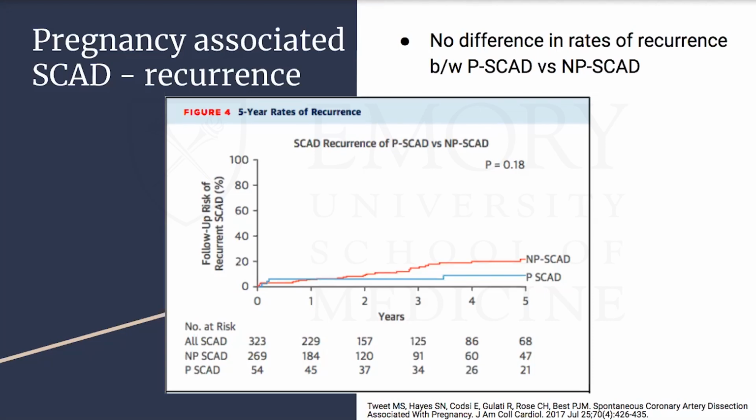Saying that there's no difference in rates of recurrence between pregnancy-associated and non-pregnancy-associated SCAD may make an argument against our prior recommendations that patients who've had a SCAD event should avoid pregnancy in the future.